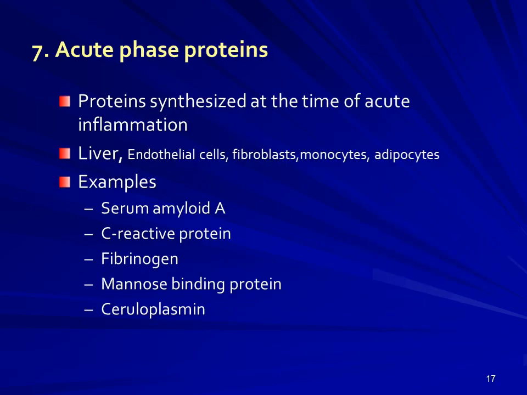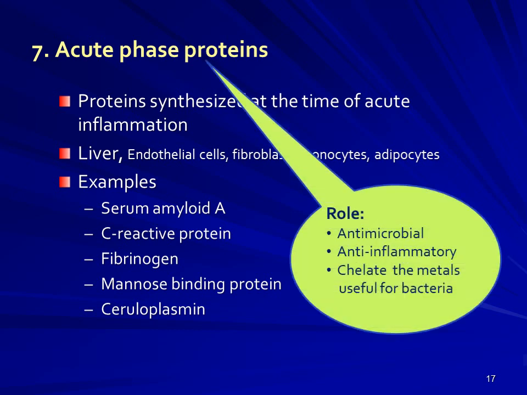And acute phase proteins, these proteins are synthesized at the time of acute inflammation, mainly produced from the liver and also produced by endothelial cells, fibroblasts, monocytes, and adipocytes. The best examples for these acute phase proteins are serum amyloid A, CRP, otherwise called C-reactive protein, fibrinogen, mannose binding protein, and ceruloplasmin.